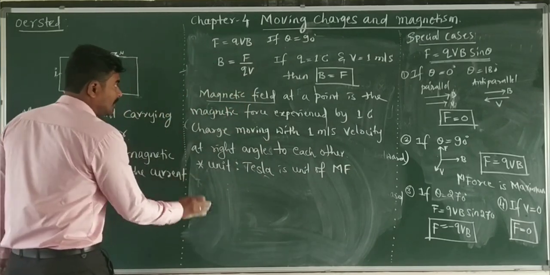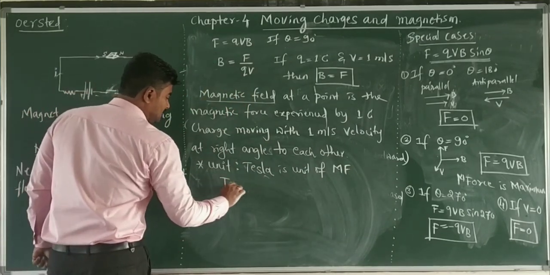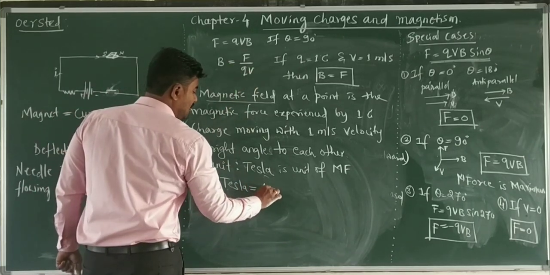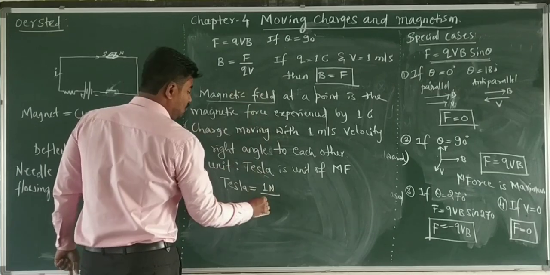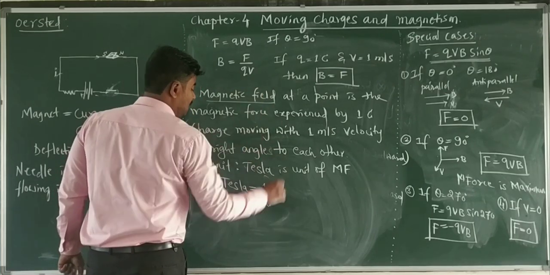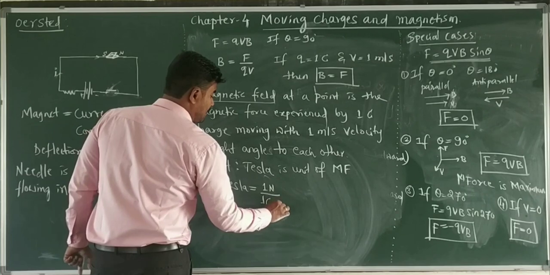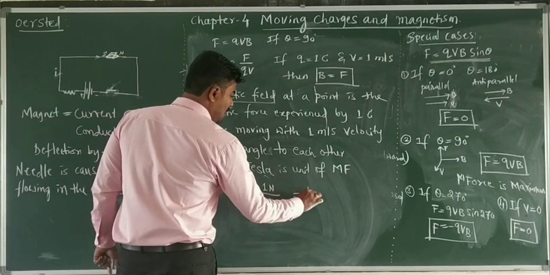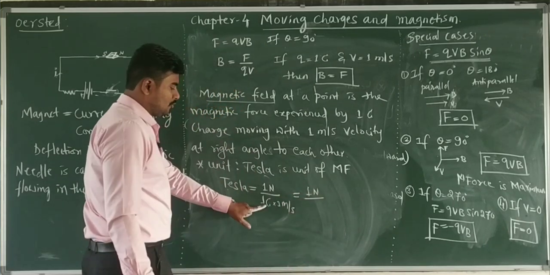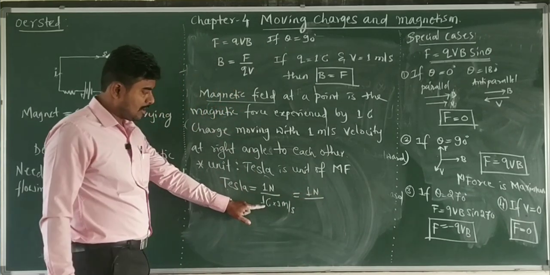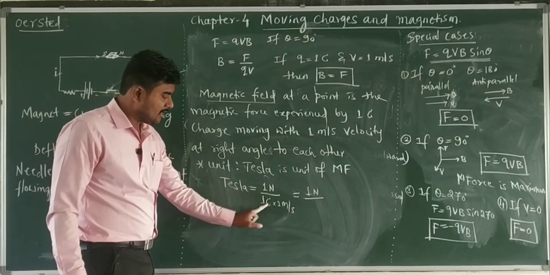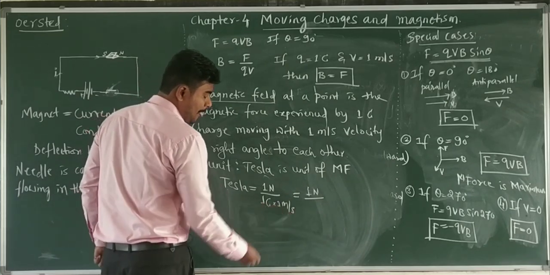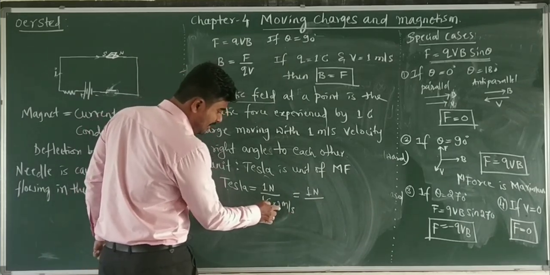Tesla is equal to F, which is 1 Newton, Q is 1 coulomb, and velocity is 1 meter per second. Coulomb is charge, and second is there, so Q divided by T, which is nothing but ampere, and meter is there.